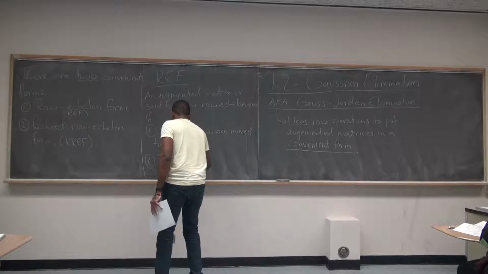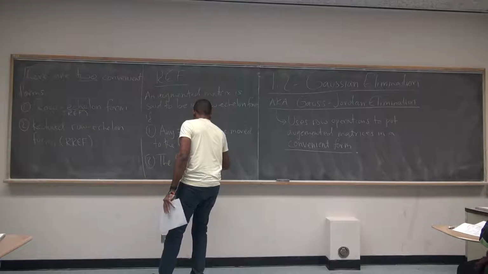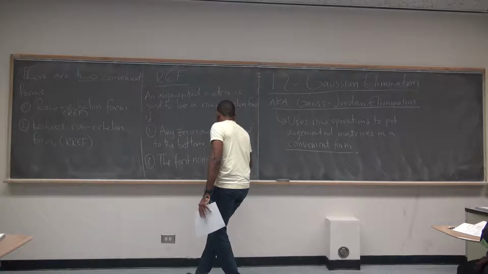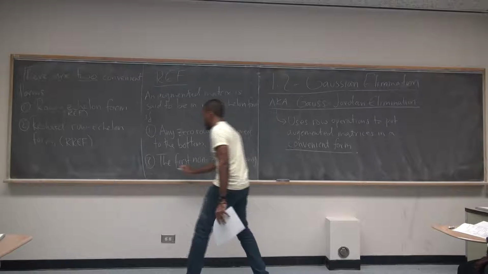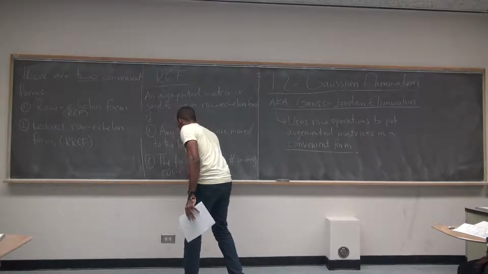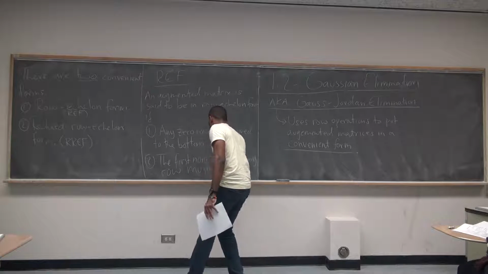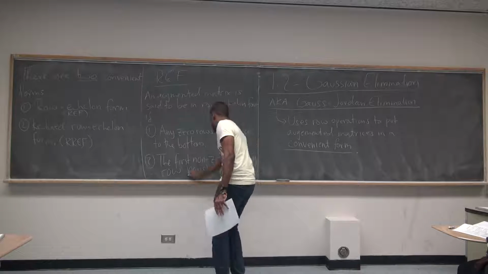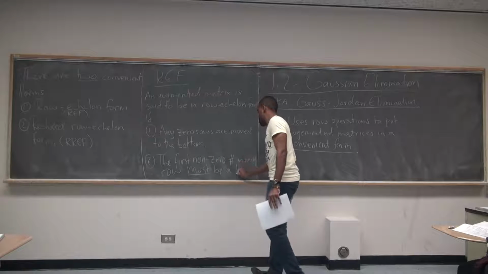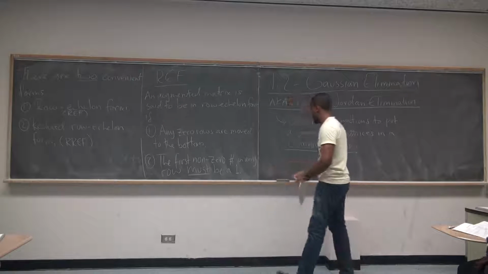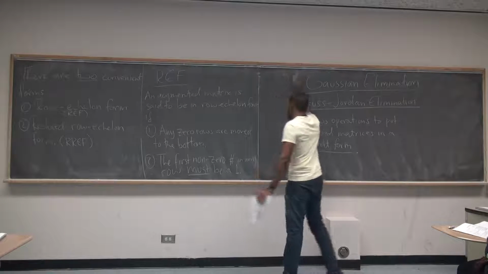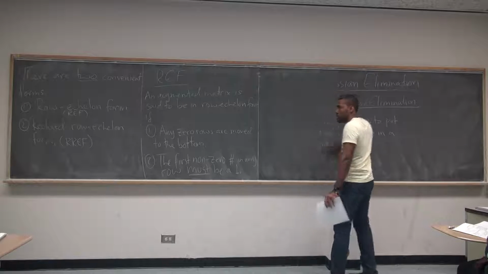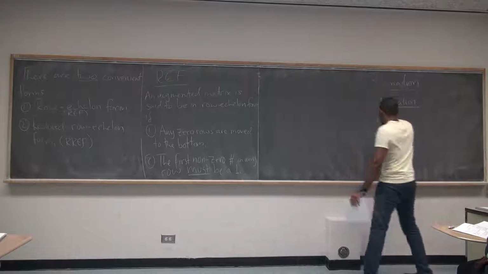Two, the first non-zero number in any row must be a 1. Nothing super spectacular about that requirement, but it makes it easier for a computer to tell you the answer right away without you having to do any extra work.